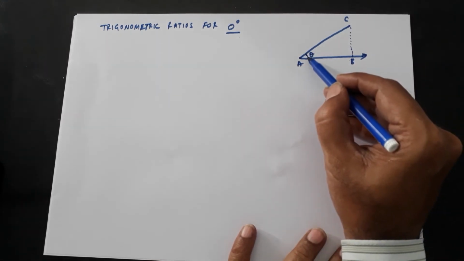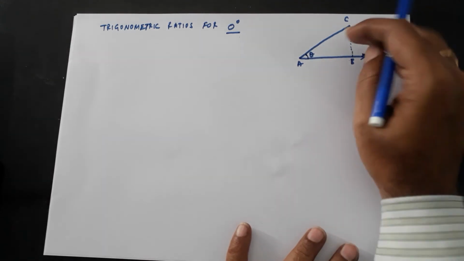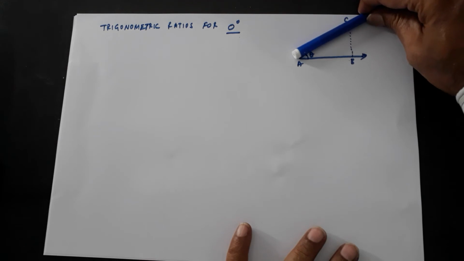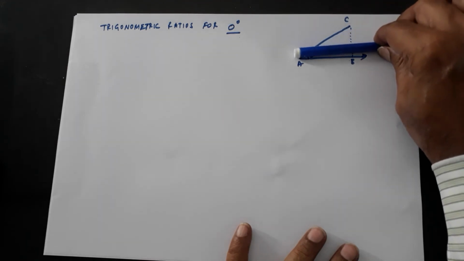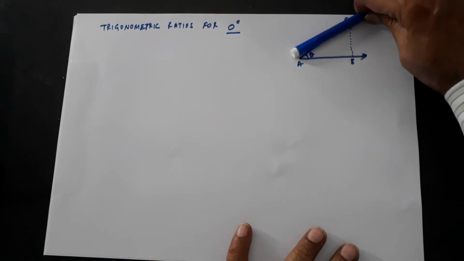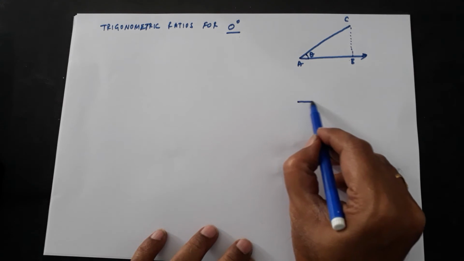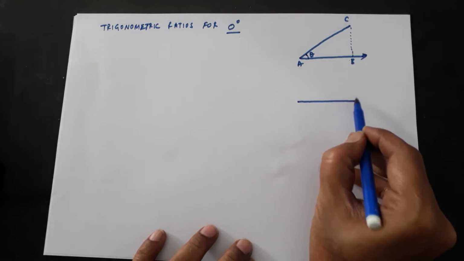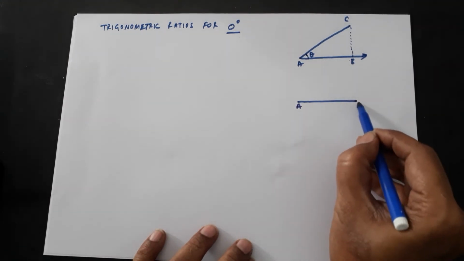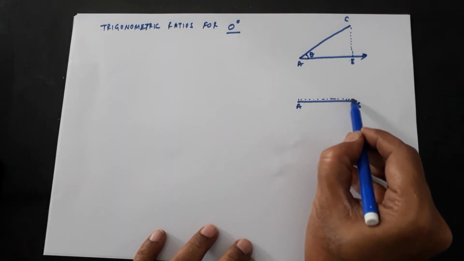How do we get a 0 angle here? You will get a 0 angle if we bring this down like this and coincide with AB. So AC would be coinciding with AB. So that means this is AB and AC is also on the same line.